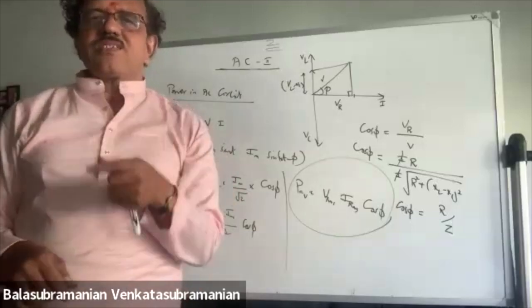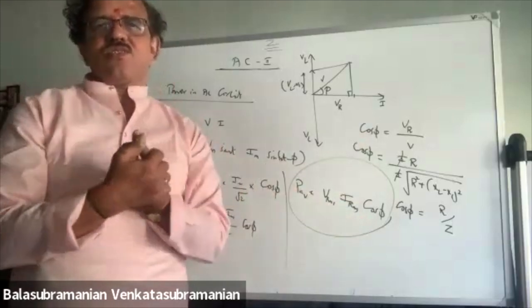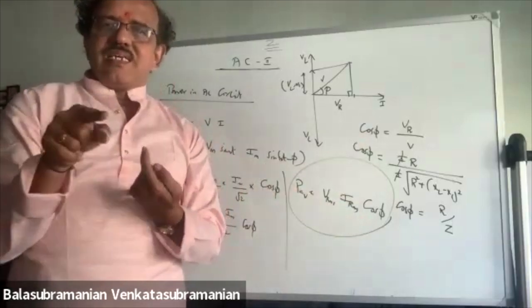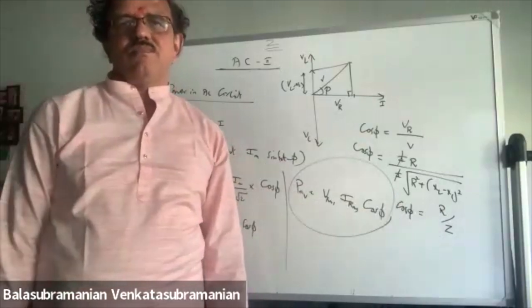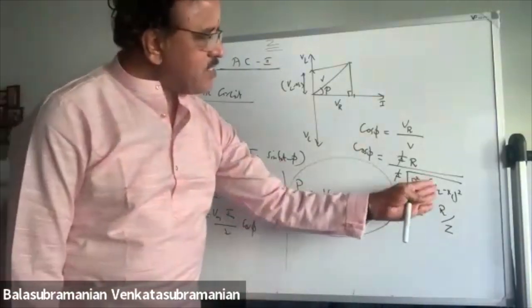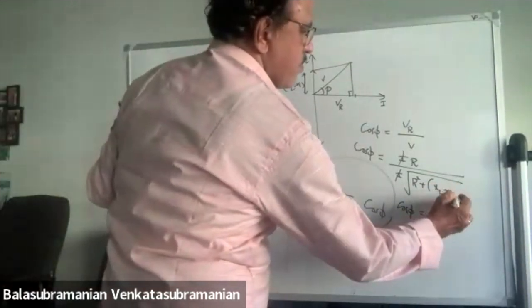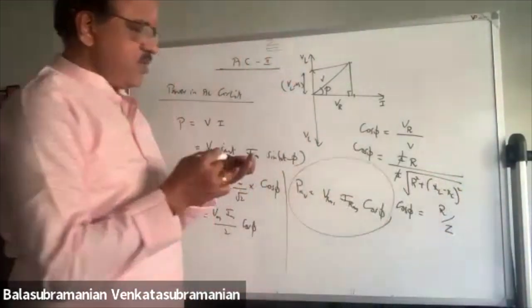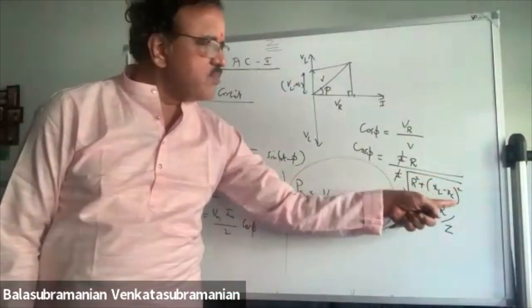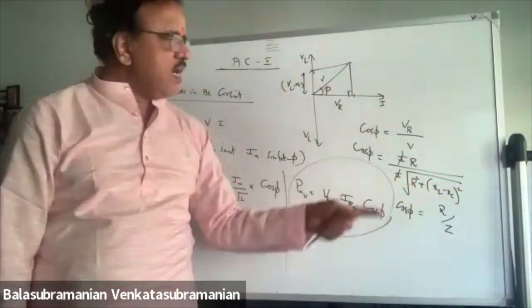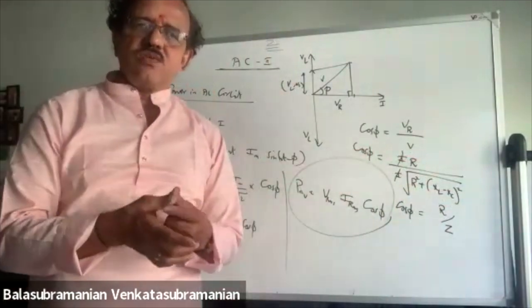Next question they will ask: what is the power factor for a resonant circuit? In the resonant circuit, Z is equal to R. Put XL equal to XC. Then this term becomes 0. Root of R square is R, R cancels, and cos phi is 1. Cos phi is 1 means phi is equal to 0.